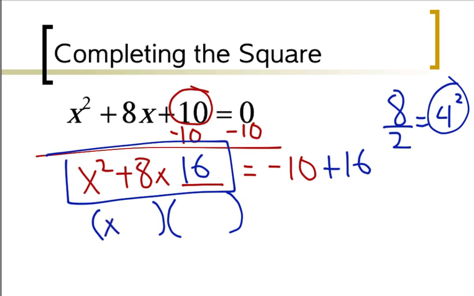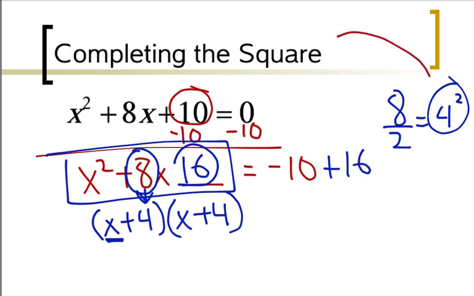It's going to be x in both, and then just whatever the b was, divided by 2. So we're just going to add 4 to both parentheses. So all you have to do is just have your x, whatever the number was in the middle, whatever the number over here on the side was before you squared it, that's the number that's going to go right down in here in the parentheses.